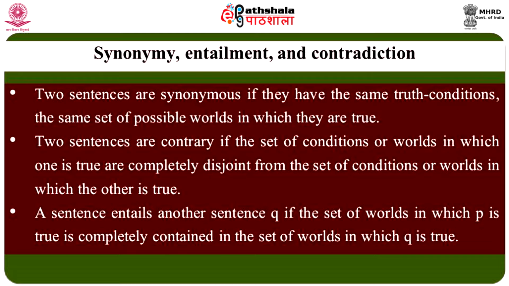Two sentences are contrary if the set of conditions or worlds in which one is true are completely disjoint from the set of conditions or worlds in which the other is true. A sentence P entails another sentence Q if the set of worlds in which P is true is completely contained in the set of worlds in which Q is true.